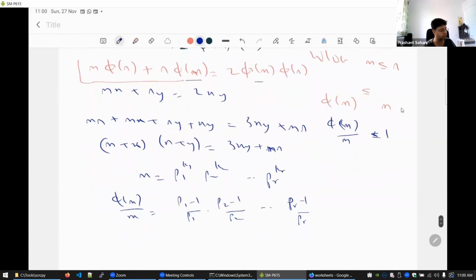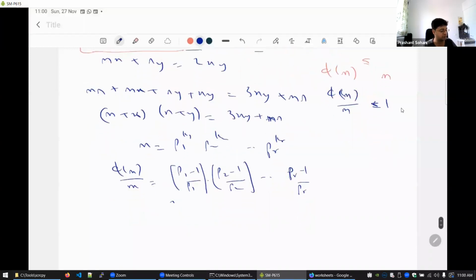Okay, and notice how each of these terms is very close to 1, right? So for example, if we are taking some small prime factors like 2 by 3, 4 by 5, 6 by 7, this kind of very basic product. At first one suspicion is that this product of numbers which are very close to 1 will be almost equal to 1, but it turns out that's not the case.